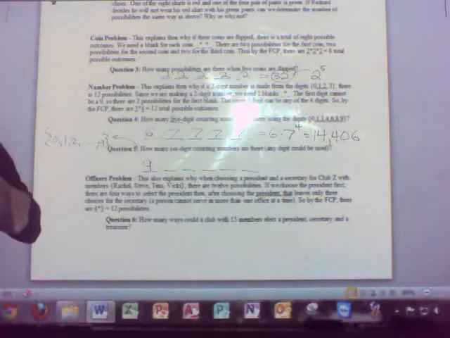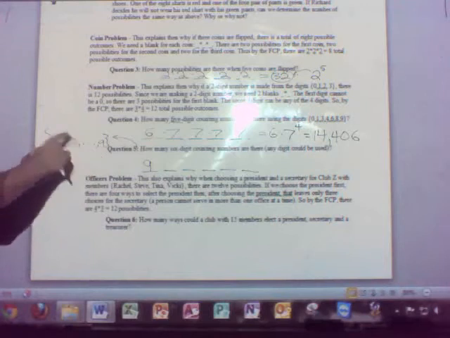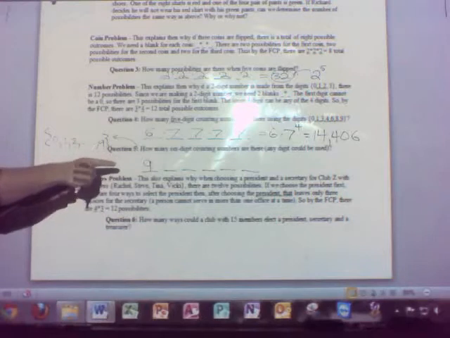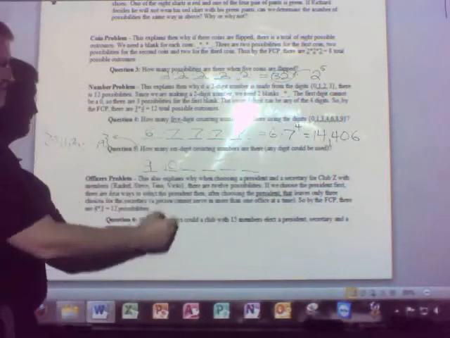What about the second blank? How many possibilities are there for that second blank? Well, it can be 0, can't it? So it could be 1 through 9 or it could be 0. That's 10. How many for the third blank? Third blank can be 0, could be 1, could be 2, could be anything through 9.